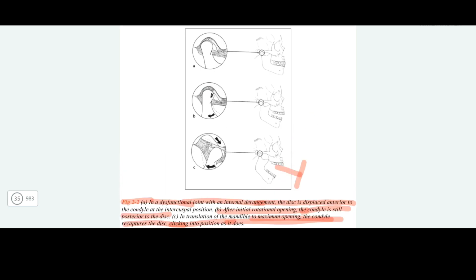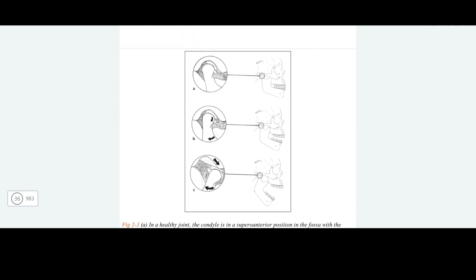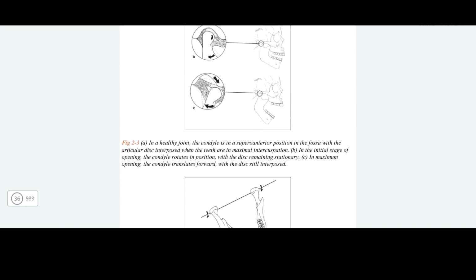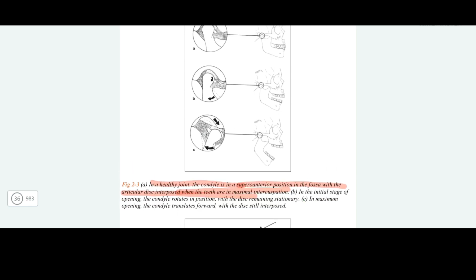Okay, compared to the normal, we now look at the normal. This is the normal. In a healthy joint, the condyle is in a superior anterior position in the fossa, with the articular disc interposed when the teeth are in maximal intercuspation. So we could say the condyle is in a superior anterior position, not in the posterior. The condyle is in a superior anterior position. This is a healthy joint.